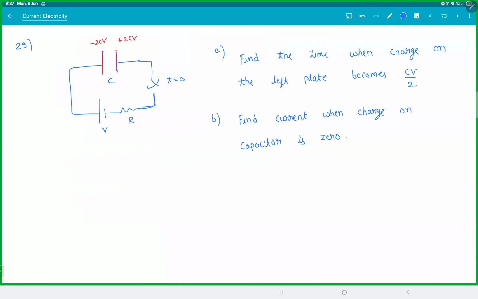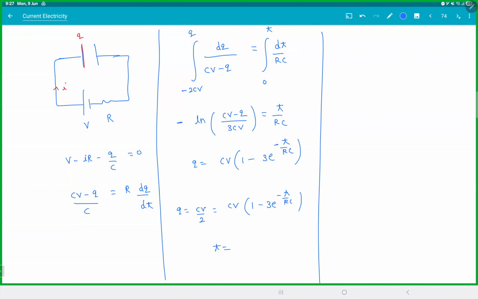Then what is the next question you want? Find the current when the charge is 0. So put Q is equal to 0, CV (1 minus 3 e power minus t by RC). So from here, you'll find the time again. Let's call it T2.